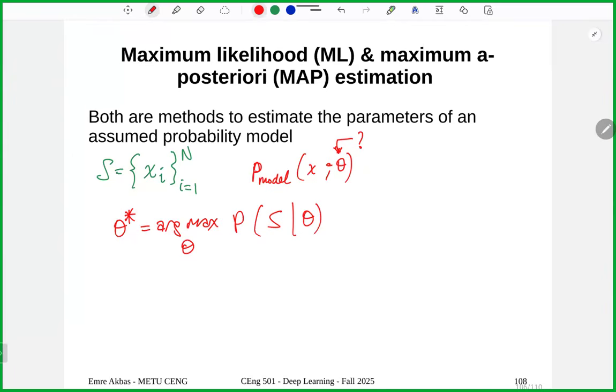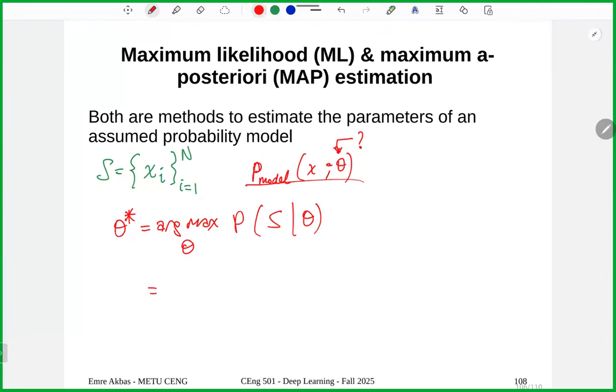Now this is an abuse of notation, because this probability is not defined on a set of examples, but rather on individual examples. But it shows the intuition behind it. We are trying to increase the likelihood of data under this parametric model.